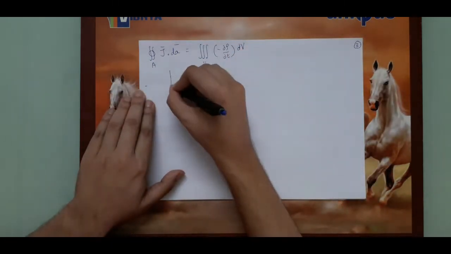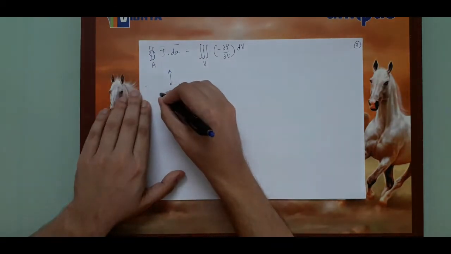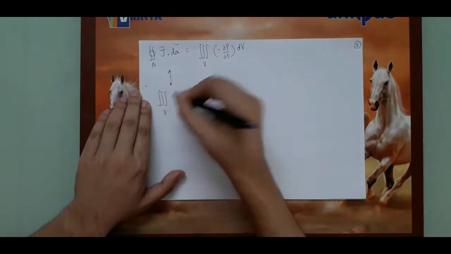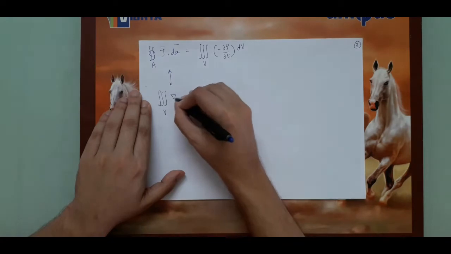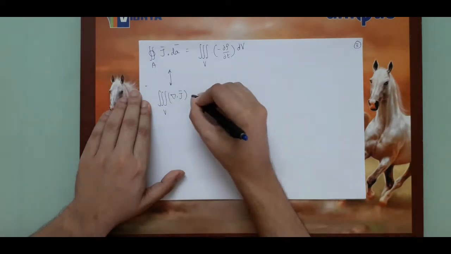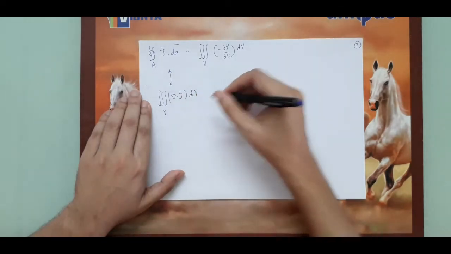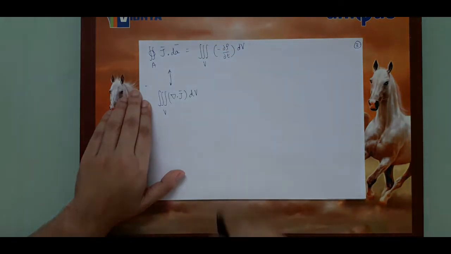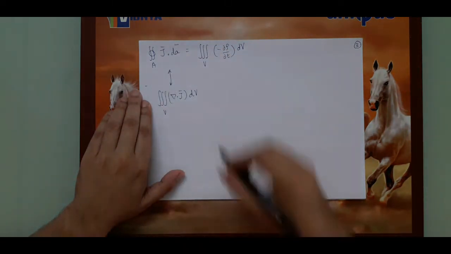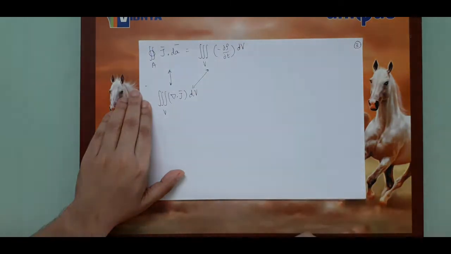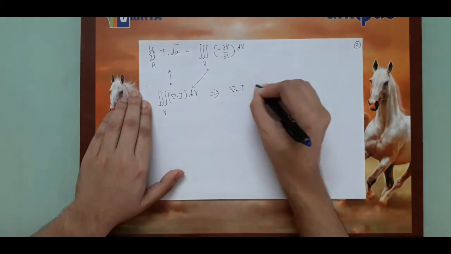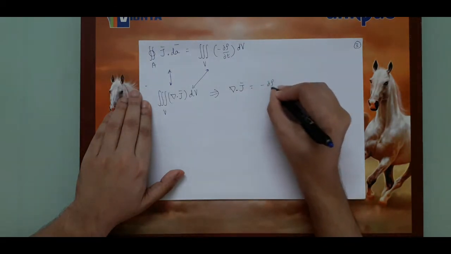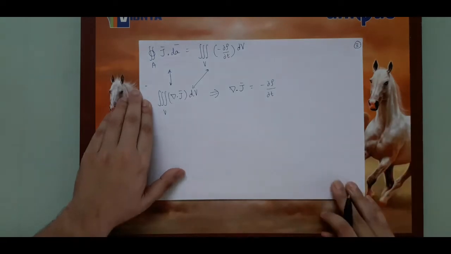So that means, correlating this with the divergence theorem, I can say that the divergence of the current density is equal to this quantity. So therefore, these two should be equal. That means del dot J is nothing but minus d rho by dt.